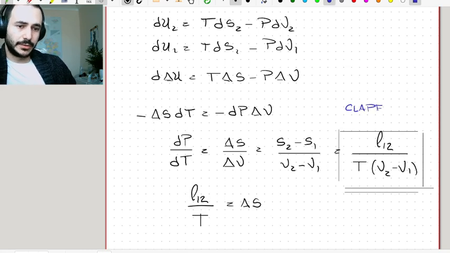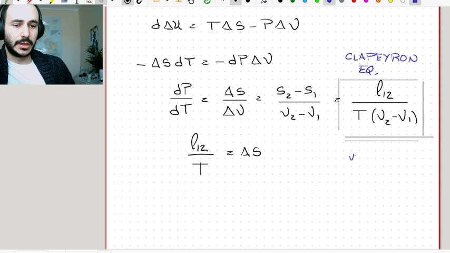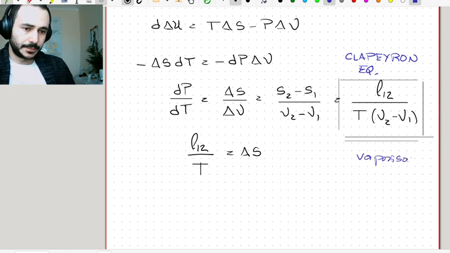It tells you the rate of change of the saturation pressure as a function of temperature, but it's also applicable to the other first order phase transitions. So this is not only valid for vaporization, which it is in this case.